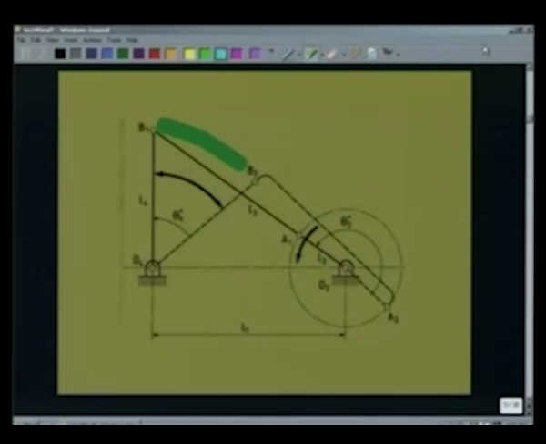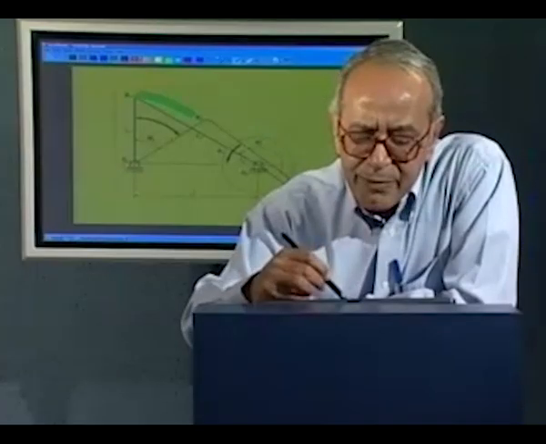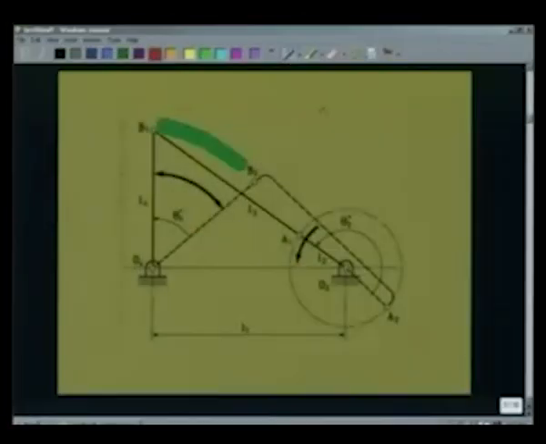The quick return ratio can be defined as, we can write QRR, quick return ratio will be theta 2 star divided by 2 pi minus theta 2 star.